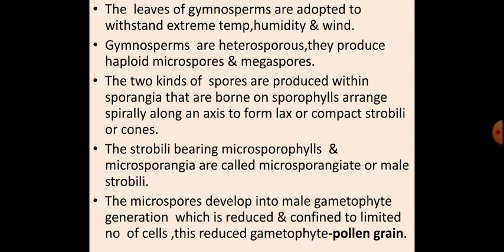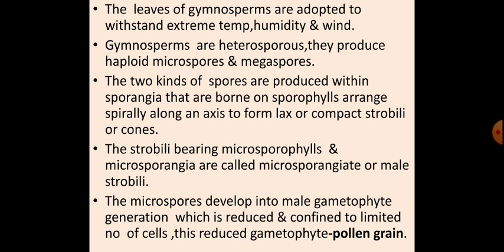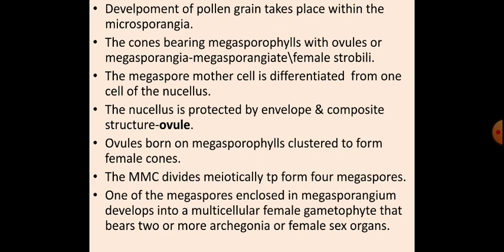So pollen grain is the male gamete in the plant body. Now once the male gamete is formed, the next step is you require a female gamete. Sporophyll will contain a compact structure called strobili and cones. Strobili will help in the development of the male gametophyte, that is pollen grain.